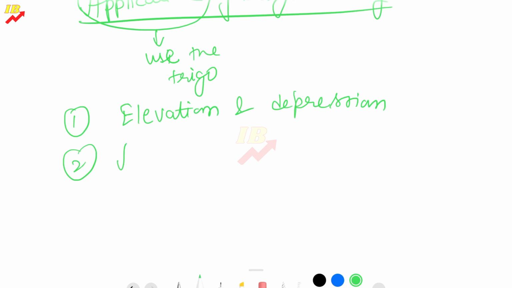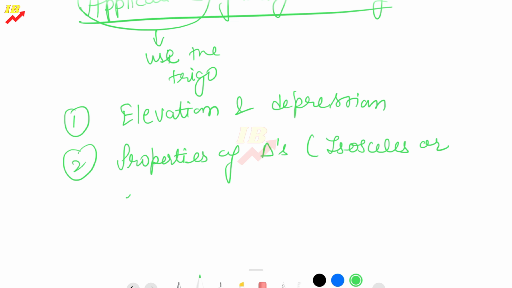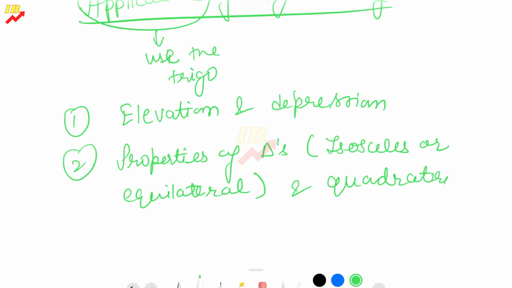Second thing, we use it in properties of triangles. Triangles, maybe it is isosceles or equilateral. All of those triangles will work here. And maybe it could be a part of quadrilaterals as well. We have different types of quadrilaterals, so maybe we can use this in that as well.